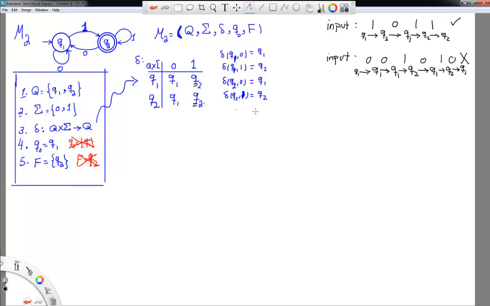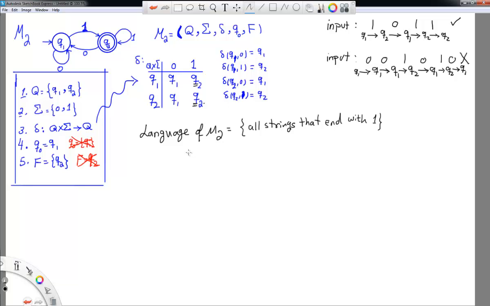So by this, we will notice that the language of this machine, the language of M sub 2 here, is the set of all strings that end with a 1.